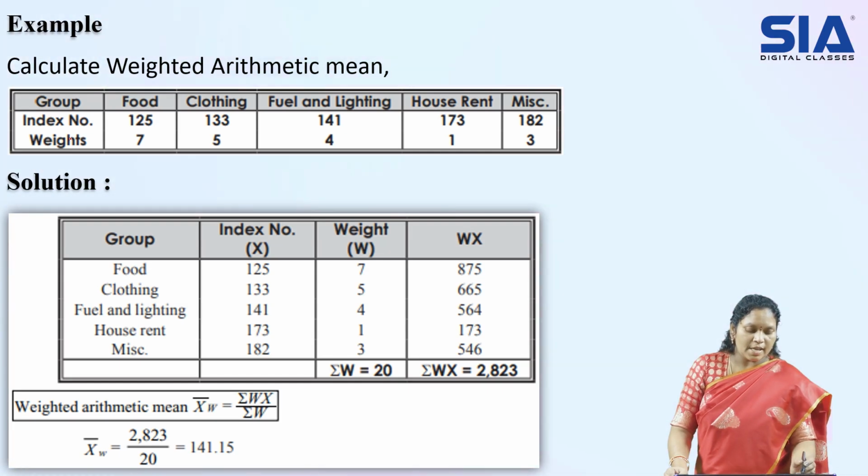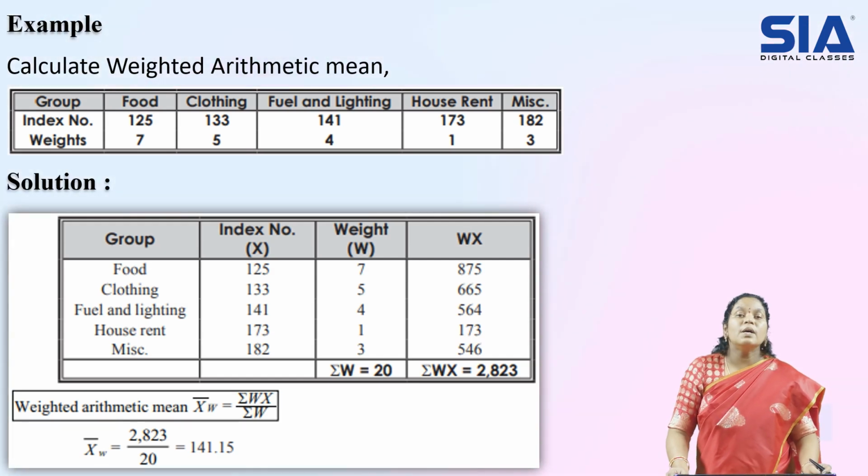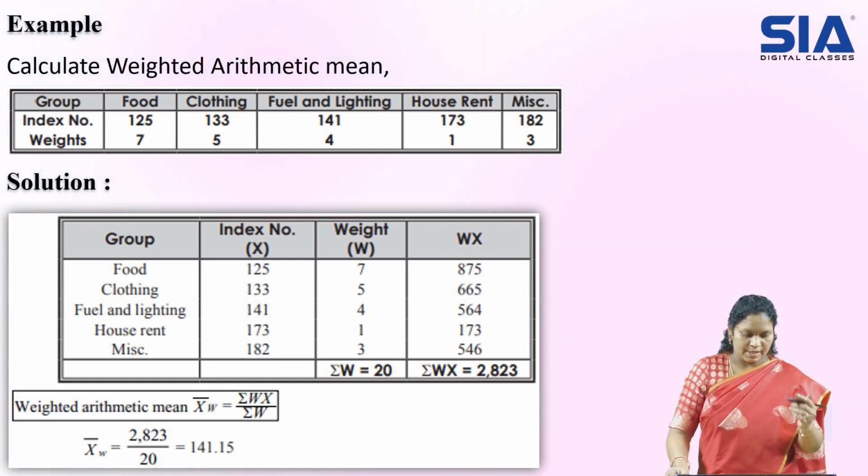Then the index numbers are given for them: 125, 133, 141, 173, 182, like that. Then the weights, how important they are, are also specified here for us. Let us consider the index number as x and the weights as w.